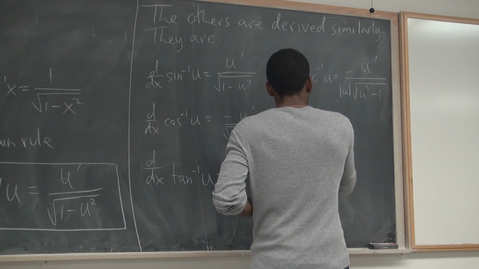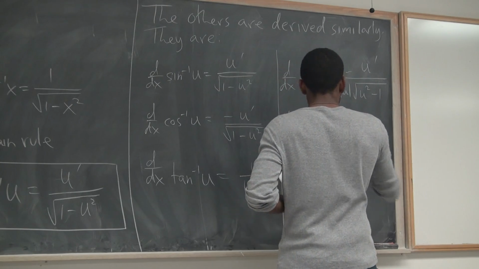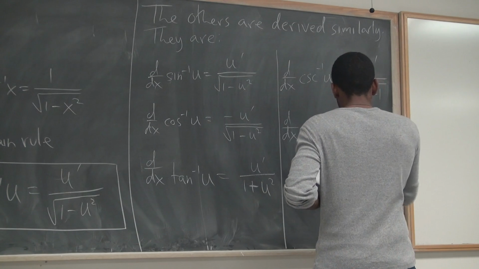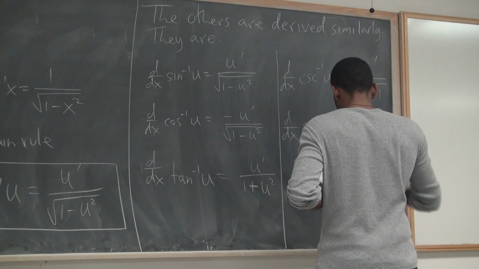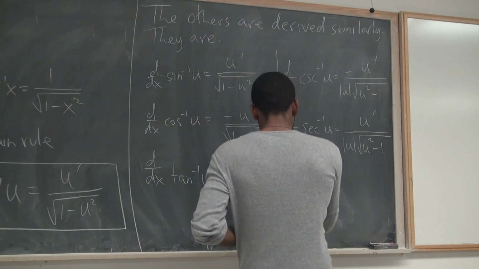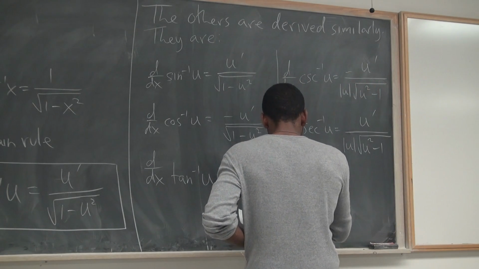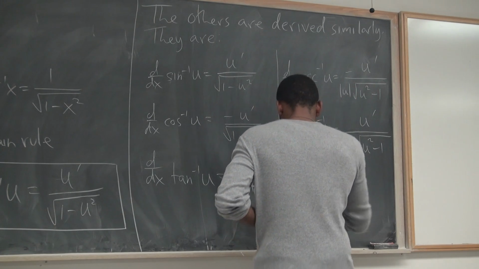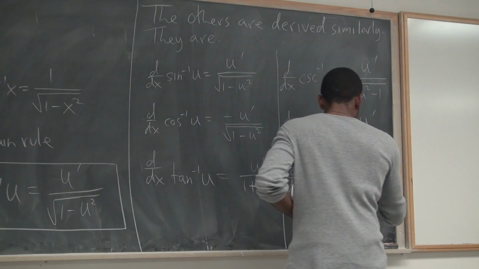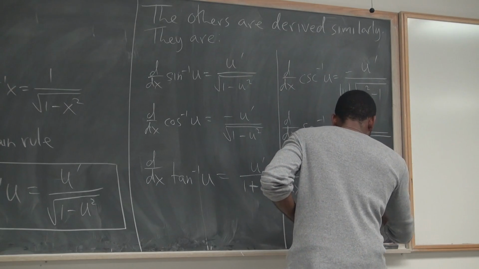The derivative of secant inverse of u equals the positive version of that, so u prime over the absolute value of u times the radical of u squared minus 1. And the derivative of cotangent inverse of u is minus u prime over 1 plus u squared.